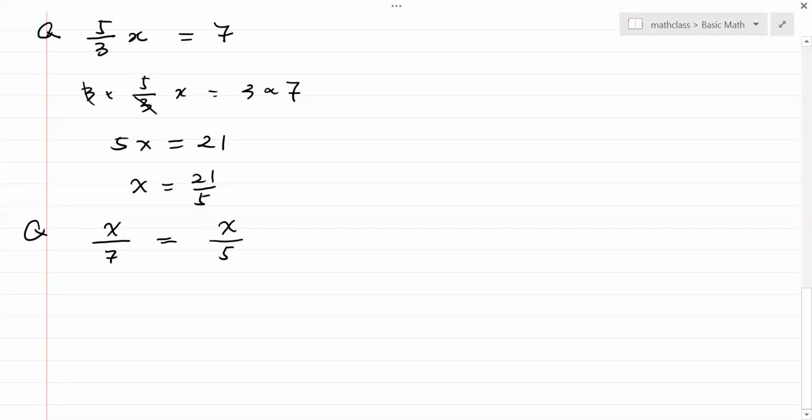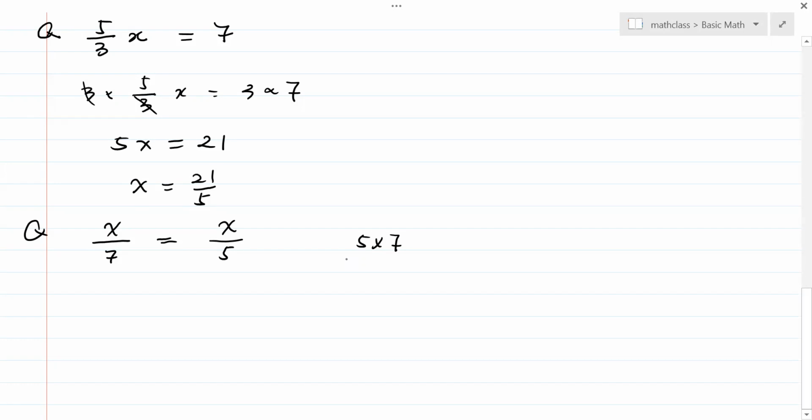You can gather fractions first. You can use one simple number to multiply both sides, and you have to multiply by 5 times 7. Because in order to get rid of 7, that number should contain 7, and in order to get rid of 5, that number should contain 5.